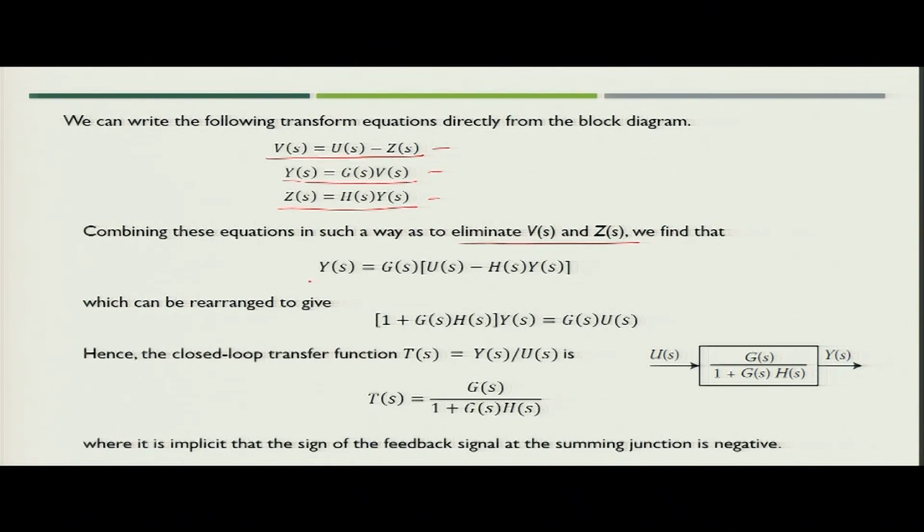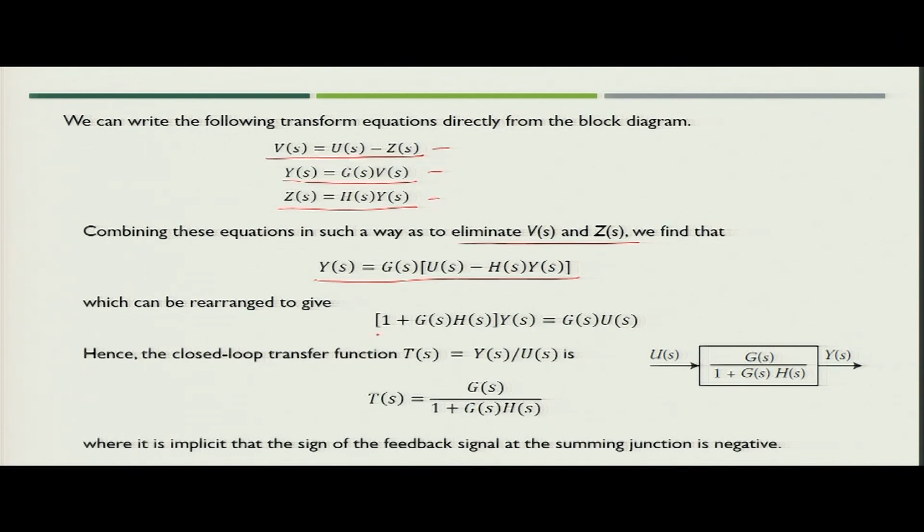So, when we eliminate, we get the value of Y(s) as G(s) into, in place of V(s), we put the value U(s) minus Z(s), and in case of Z(s) we put the value of H(s) into Y(s). So, we get now Y(s) as G(s), in bracket you will have U(s) minus H(s) Y(s).